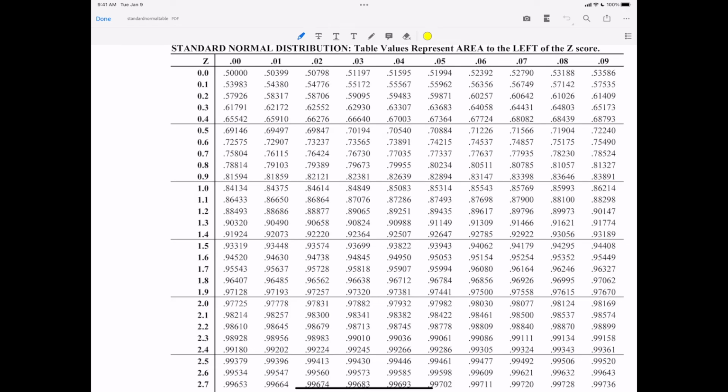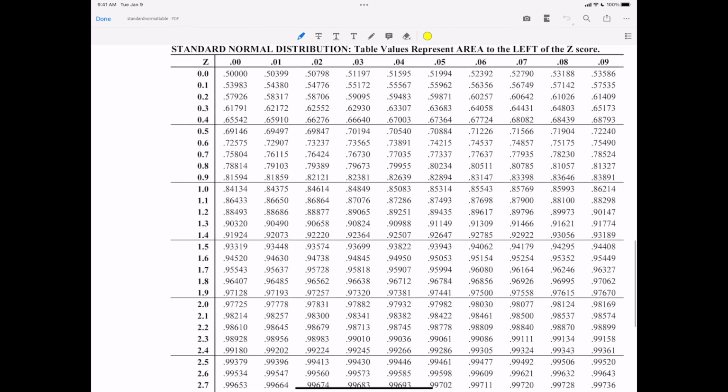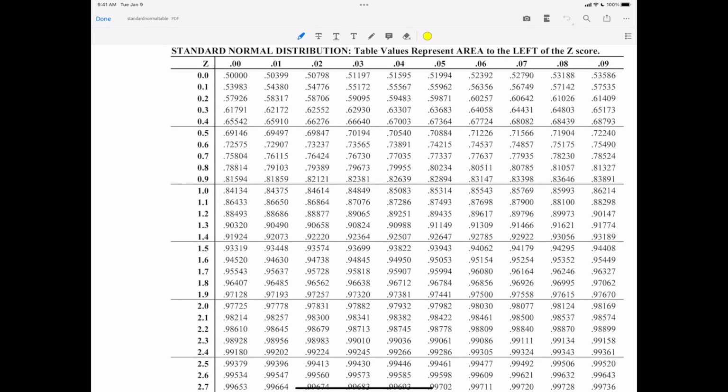It's going to take a while for your eyes to adjust, but let me see if I can highlight it. Oh, there we go. Right there, I just highlighted. That's the closest value we're going to get to 0.9000, 90% area to the left.